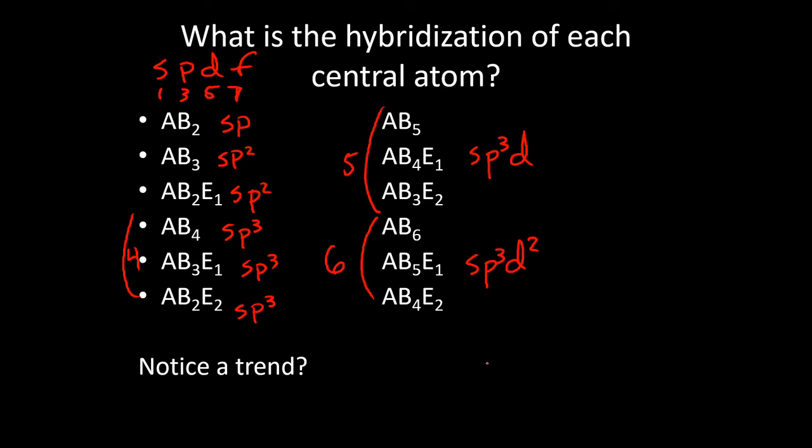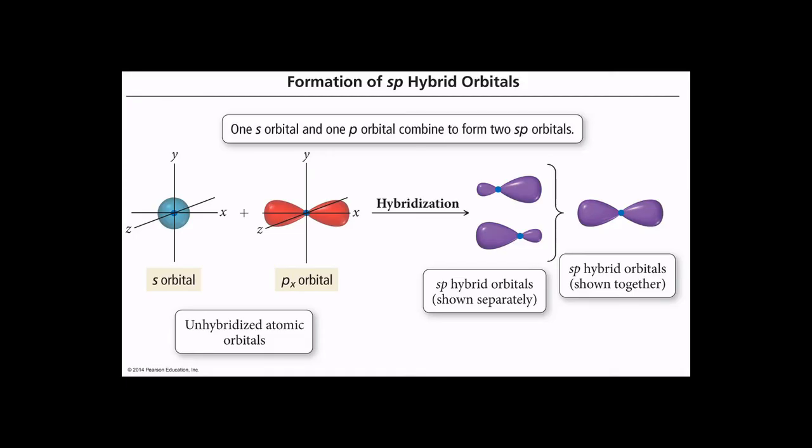So we have 6 different atomic orbitals that we are adding together to give us 6 new hybridized orbitals. And these new hybridized orbitals are going to be equivalent. They're all going to have the same overall shape, but they're obviously going to be pointed in different directions. So here we have sp hybridized orbitals.